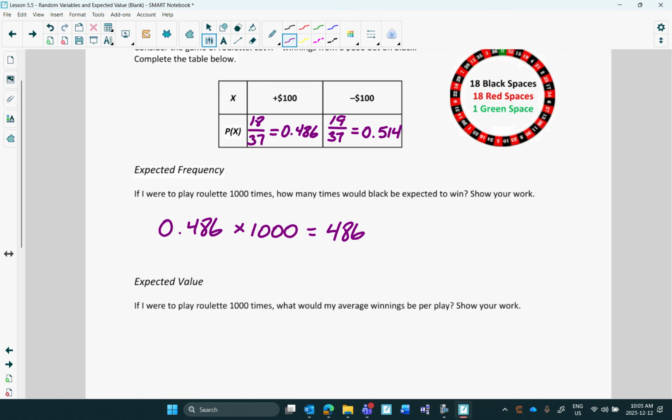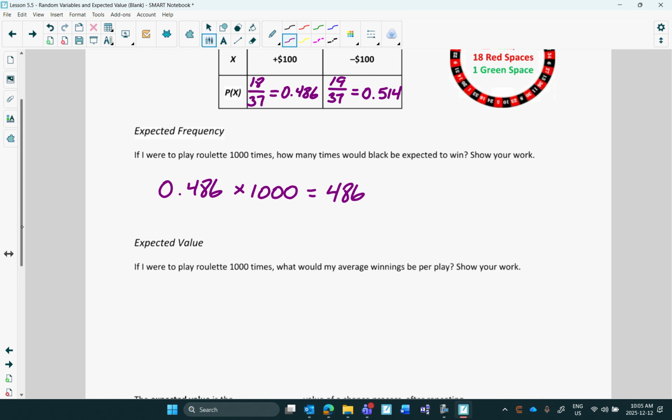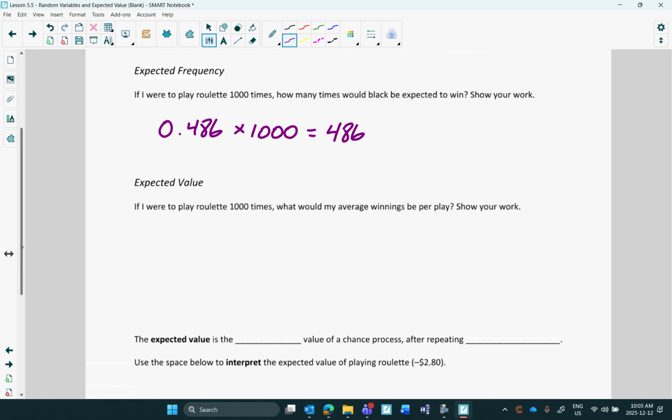Let's take this a little further with expected value. If I were to play that 1,000 times, what would my average winnings be? So you have to be a little careful. Any idea?